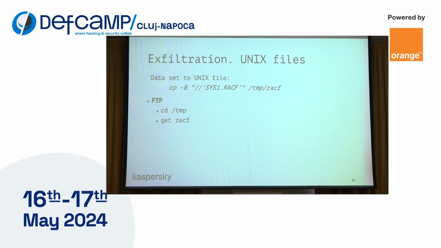Also you may exfiltrate a Unix file. Here is an example of converting a dataset to a Unix file. And for switching context in an FTP connection, you may change directory to some place in the Unix directory.